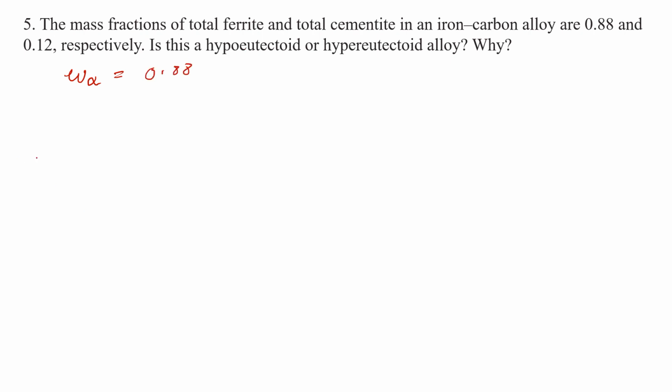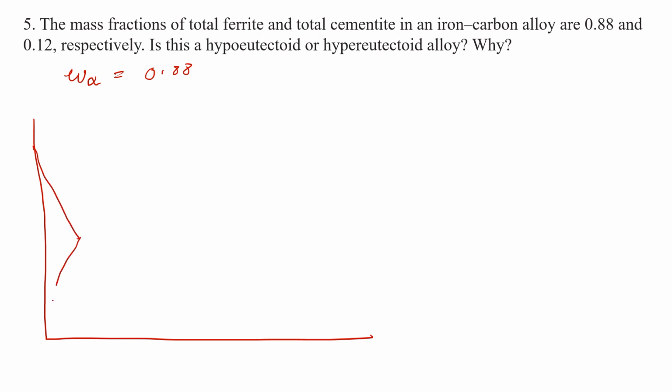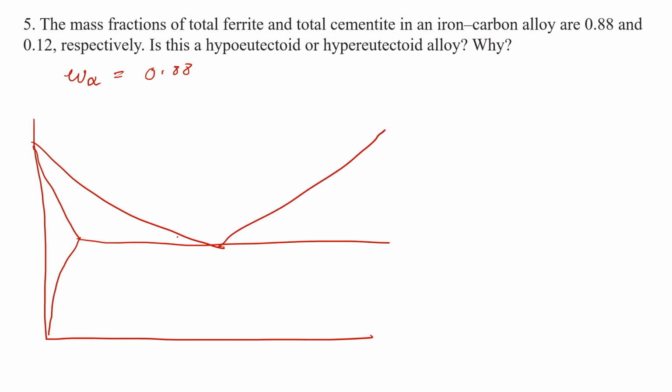If I draw a phase diagram, the total ferrite should be given by the arm which is away from it.